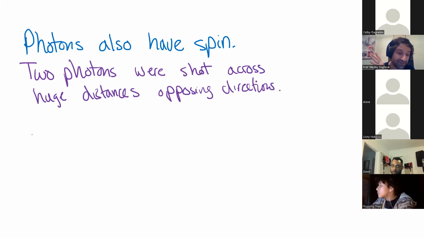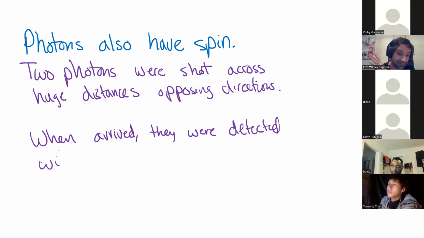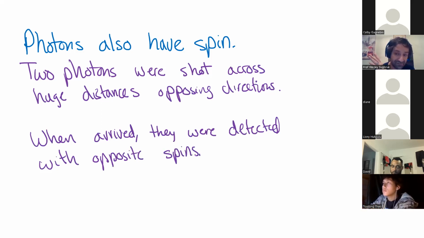And when they arrived at their destination, they were detected with opposite spins.